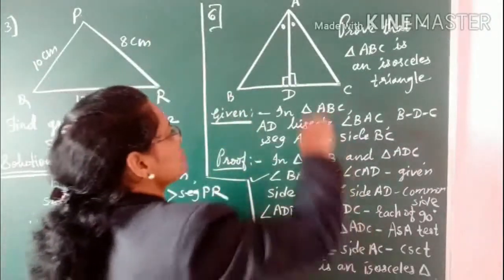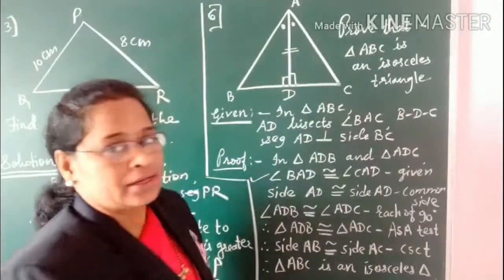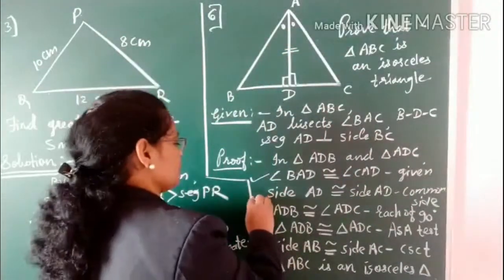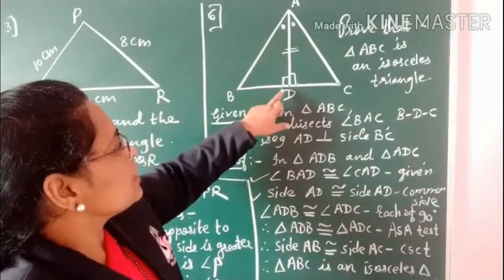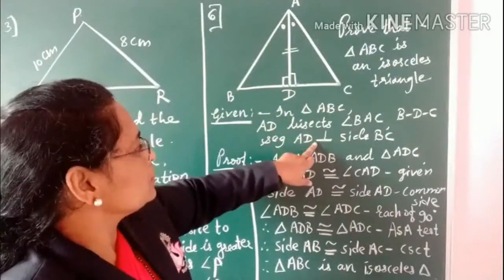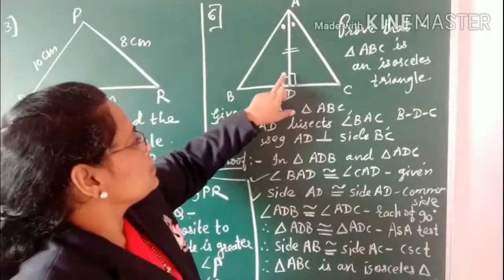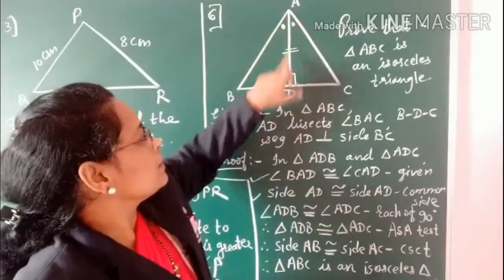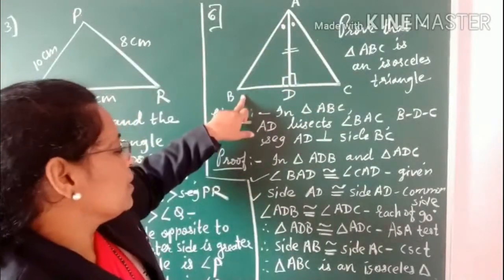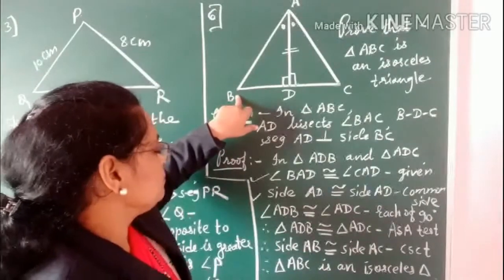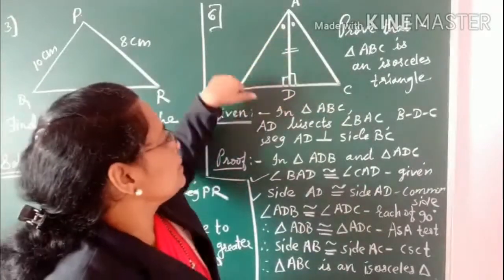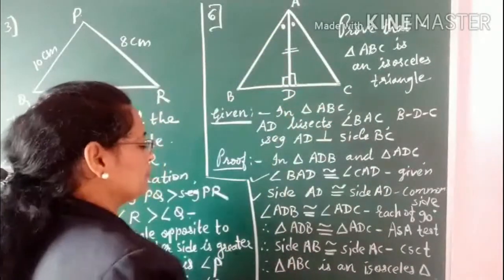Then here we can see segment AD is the common side of both the triangles, so common side, that is the second element. Third one is there, that is as AD is perpendicular to side BC, therefore here these both the angles are 90 degree, angle ADB and ADC, both are of 90 degree.